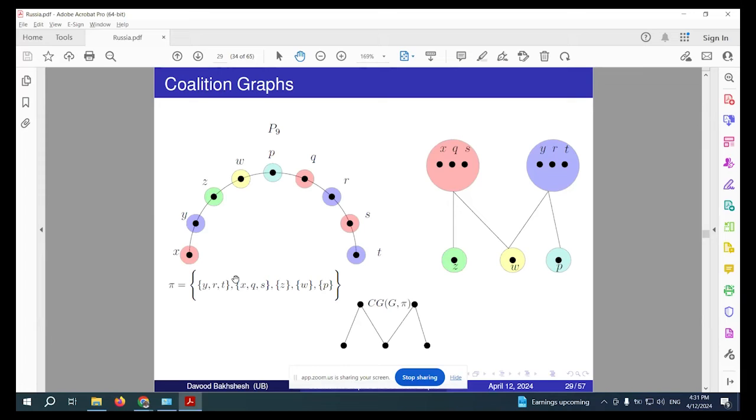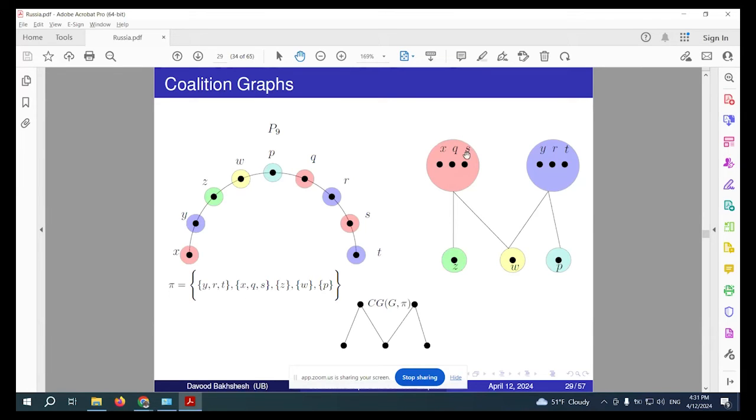And please look at the right side of the picture, you can see the coalition partners in this partition. For example, consider the set XQS.